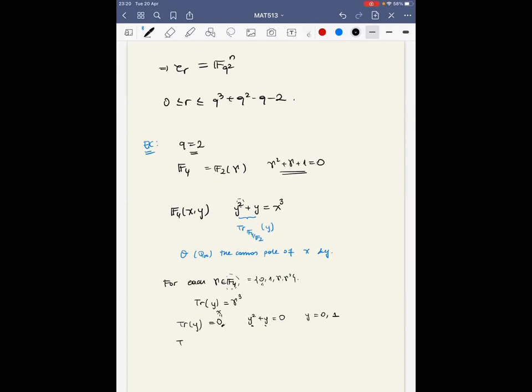And similarly, if we check this equality for other elements gamma from F4, we can find the other possible options for Y's.